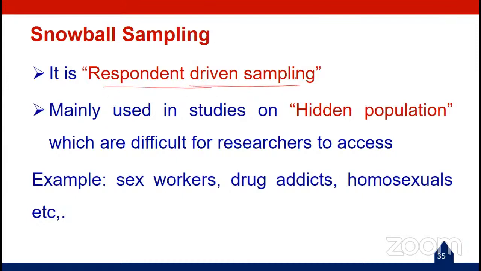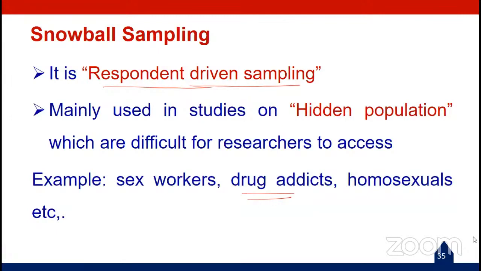The individuals themselves help us in identifying the other individuals. We don't have any sampling frame, or we don't even know where they are, so we identify them using their friends only. For example, if we identify one drug abuser, we collect the information from that person and ask him if he can show his friends. Like that we build a network.